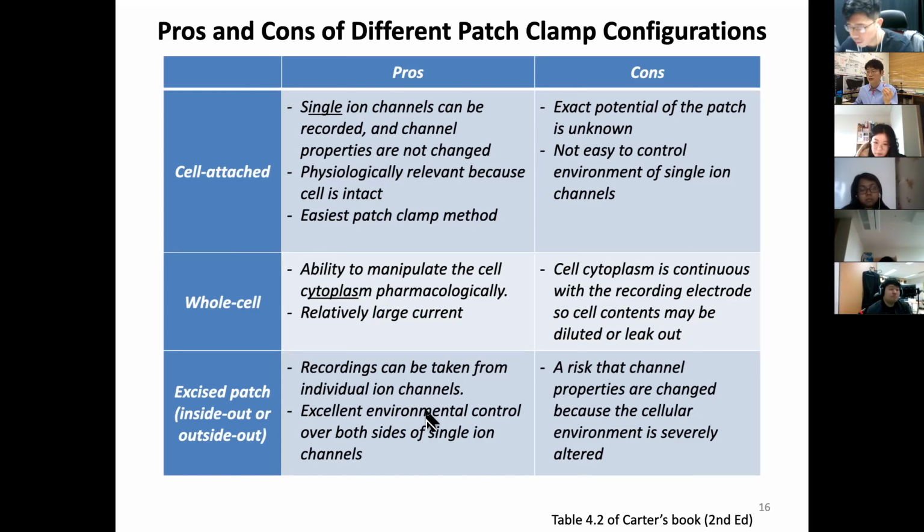And you can have excellent environmental control, because once you take it out, if it's inside out, you can actually change the bath condition, mimicking the cell's inside, with both sides of the single ion channel under your control. And what are the risks? Because you actually pull it apart, tear it apart, there are risks. Channel properties might have changed because of severe alteration of the cellular environment.